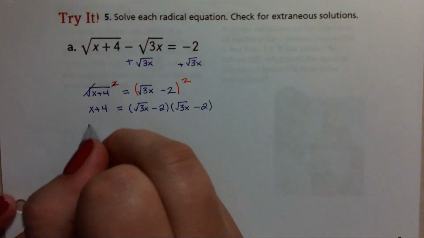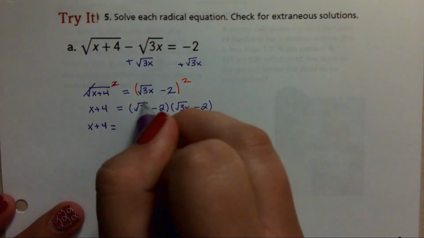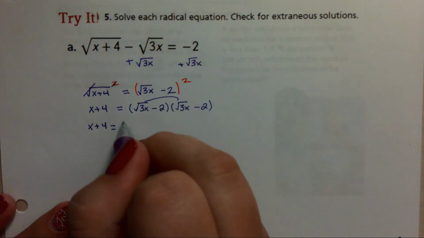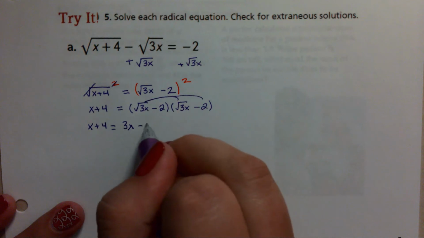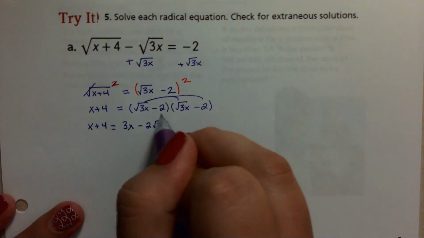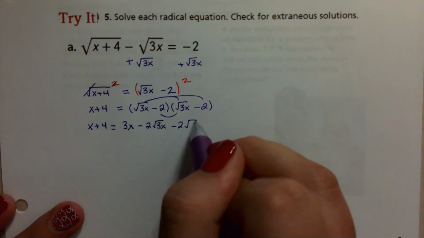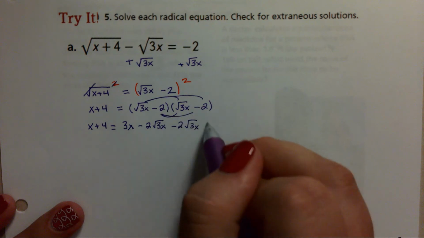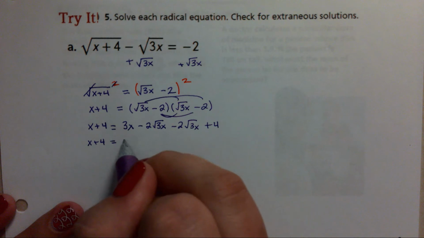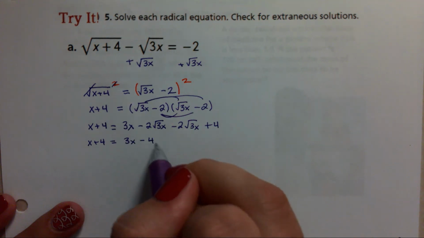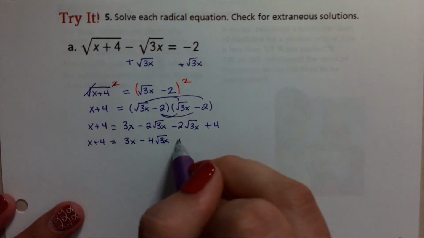So I have x plus 4 equals square root of 3x times square root of 3x is 3x, minus 2 square root of 3x, minus 2 square root of 3x, plus 4, which gives me 3x minus 4 square root of 3x plus 4.